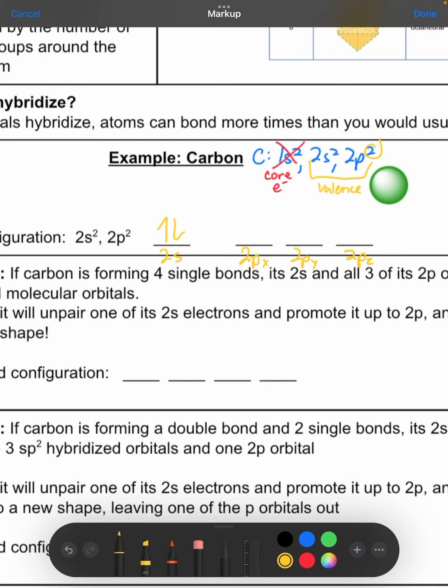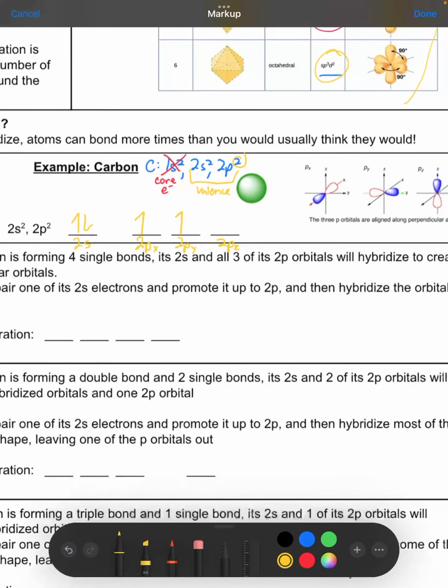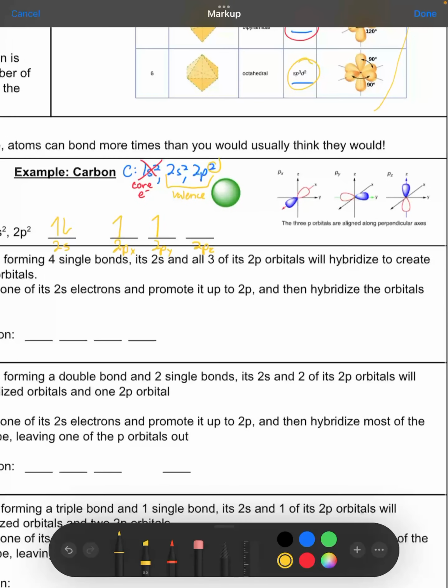I have 2 electrons to distribute, so I'm going to put my 2 electrons in my 2px and my 2py, leaving my 2pz orbital space blank entirely. To give you a visual idea of what that looks like, this little sphere over here is going to represent my 2s subshell, and those 2 electrons are going to be chilling in that orbital space.